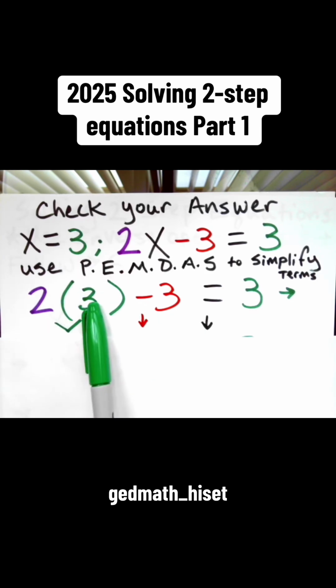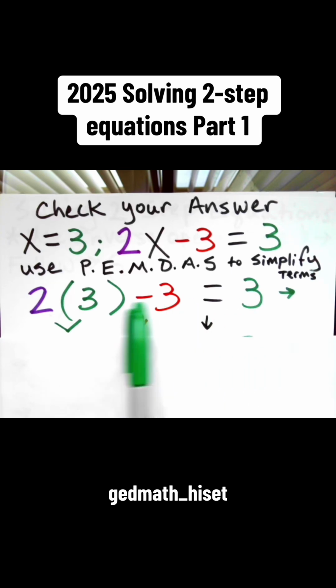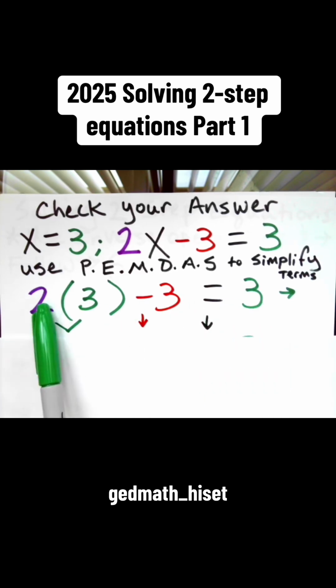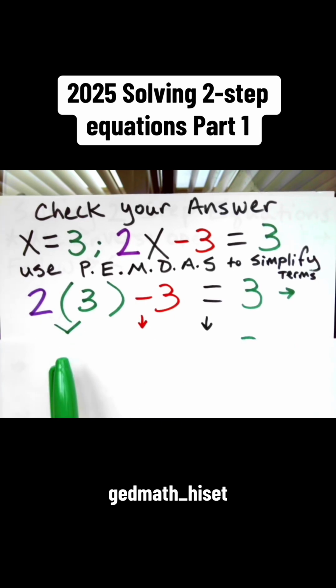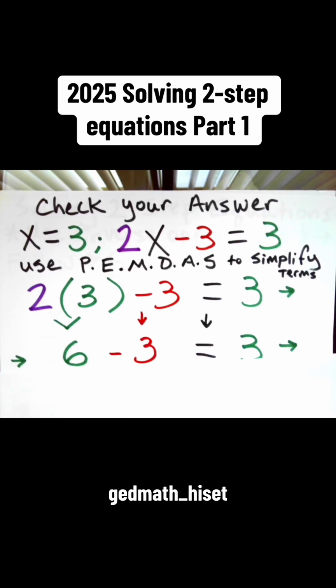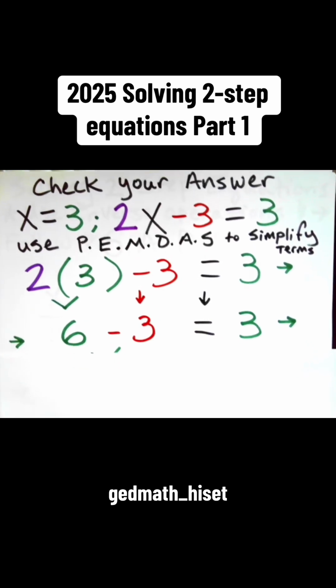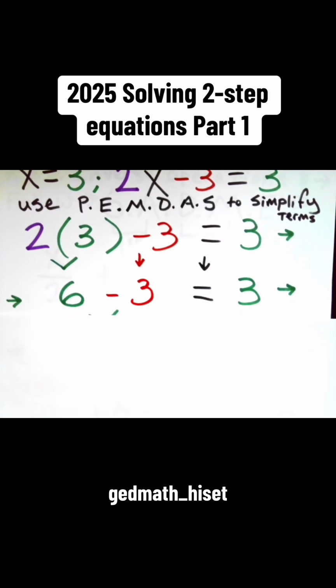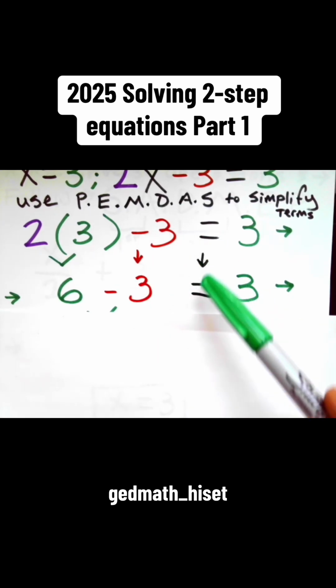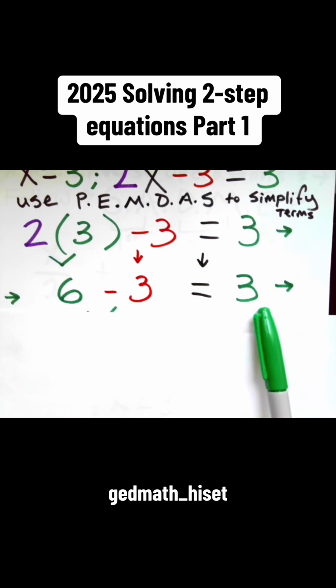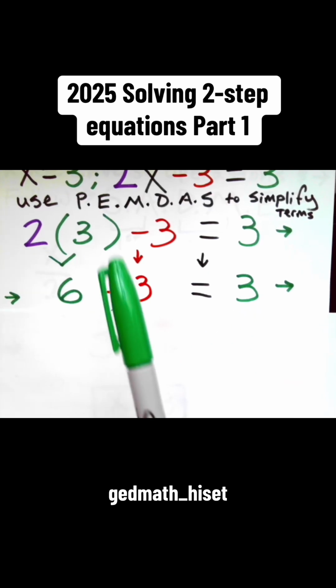So there's nothing inside the parentheses. I don't see any exponents. Can I multiply or divide? I can multiply. So 2 times 3 is 6. And then everything else, I just rewrite. I bring down the minus 3, the equal, and then the 3. So next step, follow PEMDAS.